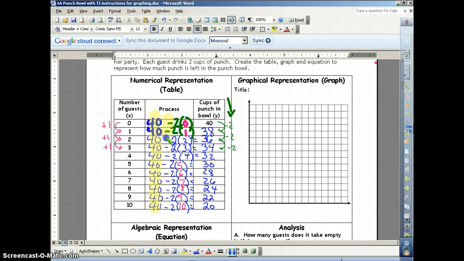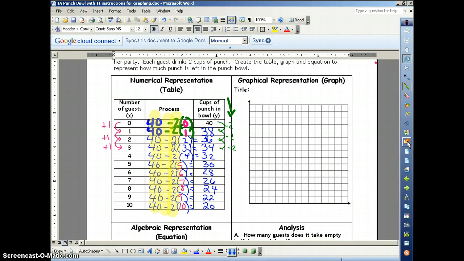And my subtraction right here never changes. It's always the same. And this 2 right here never changes. It's always the same. And the equal sign right here never changes. It's always the same. Those 4 pieces will show up in your equation because they never change.